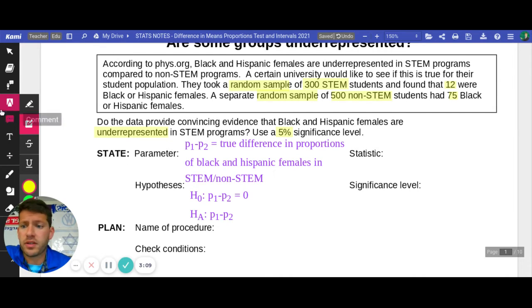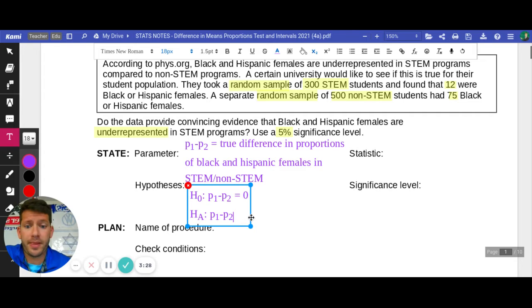If this was 5%, and in normal non-STEM classes they were about 10%, then 5% minus 10% would give us a number less than 0. So we're going to have that this is less than 0.